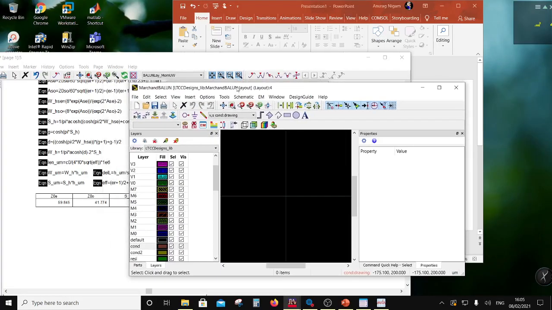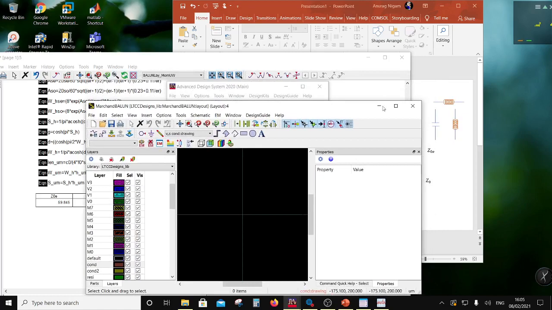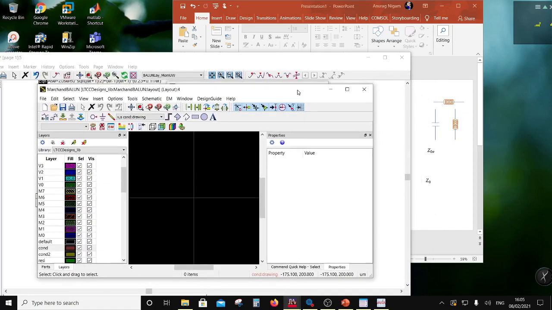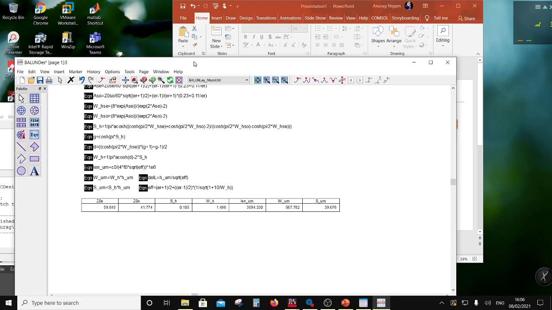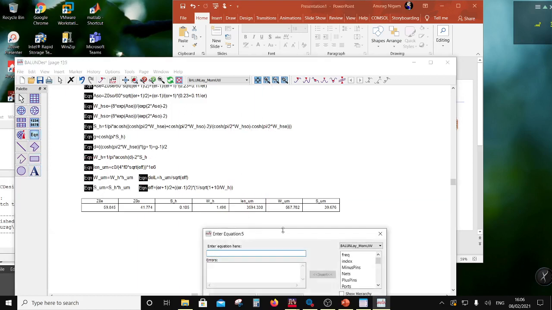Marchand BALUN. What I need is a line which is lambda by 4, and that basically is this one, 3594. So lambda by 2 is going to be twice len underscore micrometer.